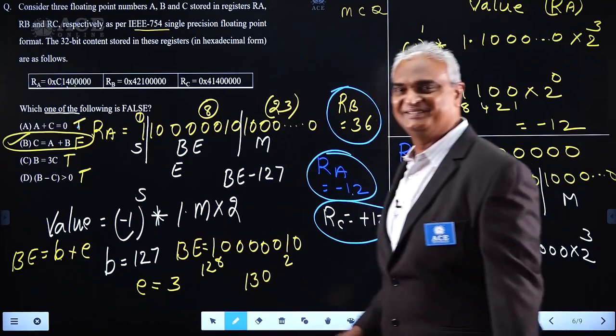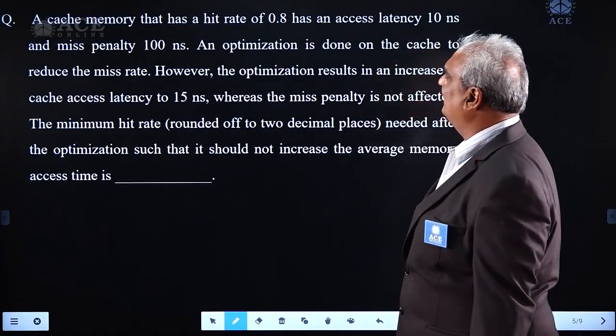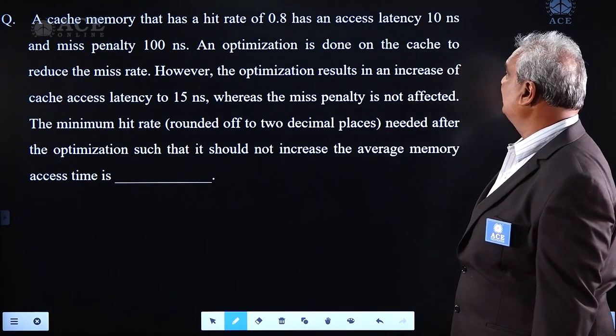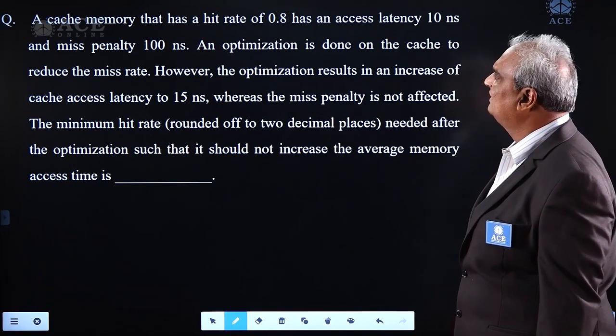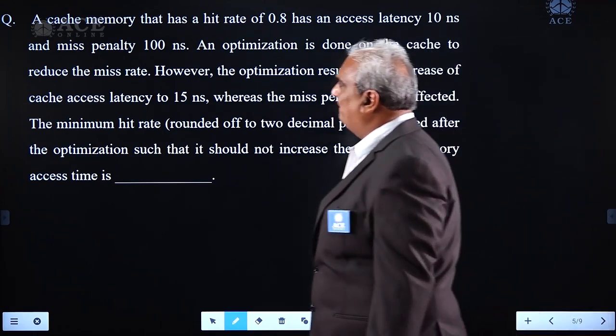Very good question it is. Watch this question. A cache memory that has a hit rate of 0.8 has an access latency 10 nanoseconds and miss penalty 100 nanoseconds. An optimization is done on the cache to reduce the miss rate.